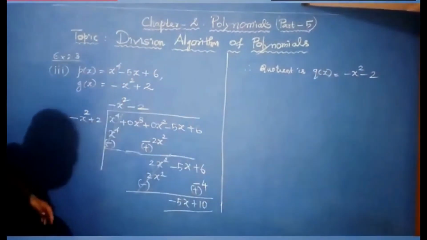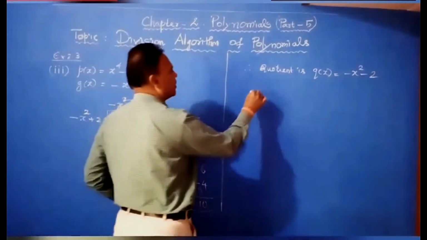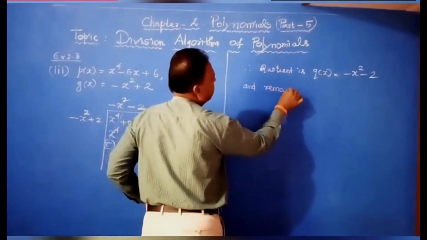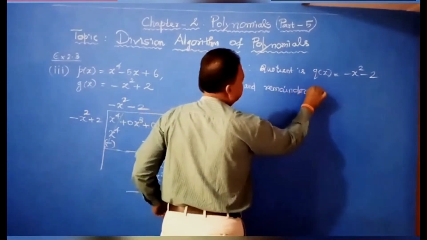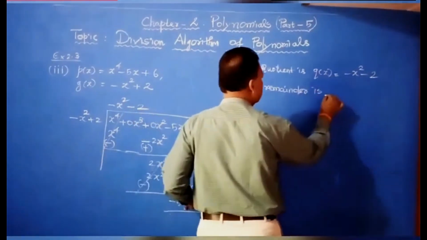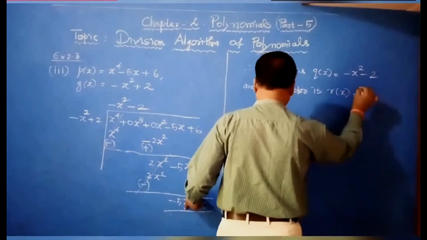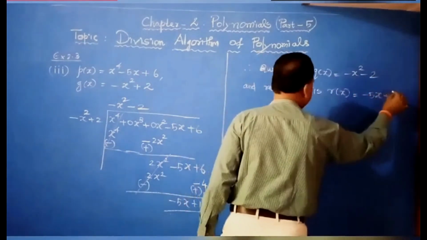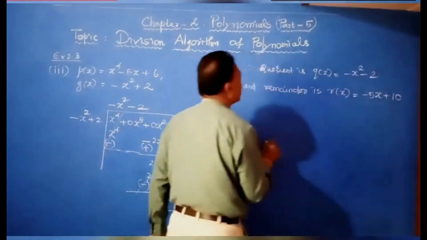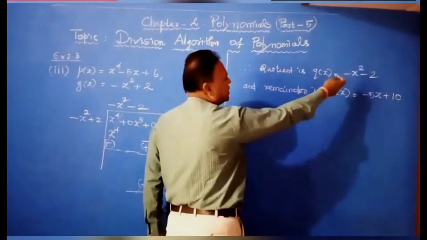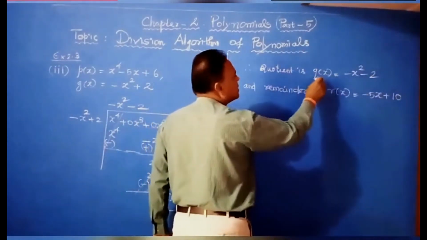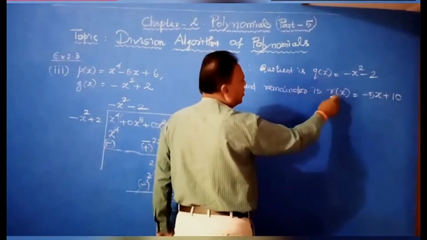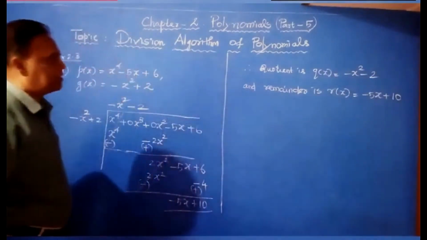The remainder is r of x, that is equal to minus 5x plus 10. Simply don't write "quotient is"; mention q of x here. So q of x, r of x, you have to mention it.